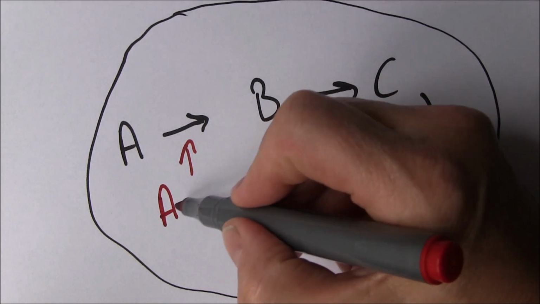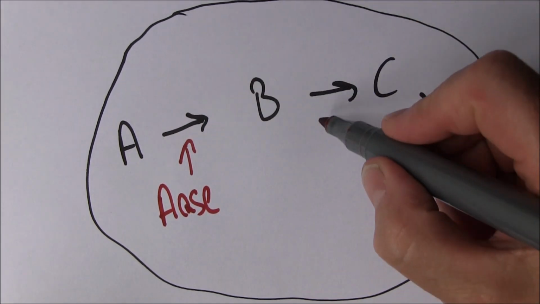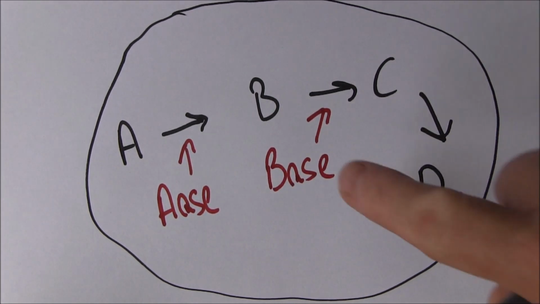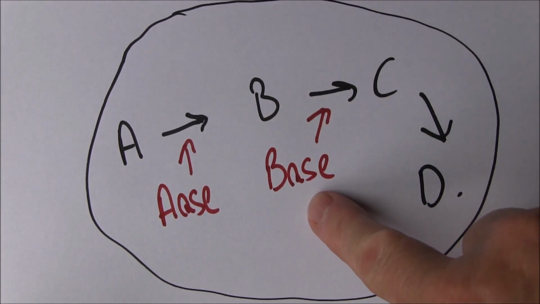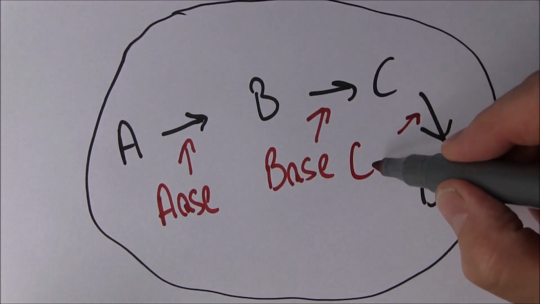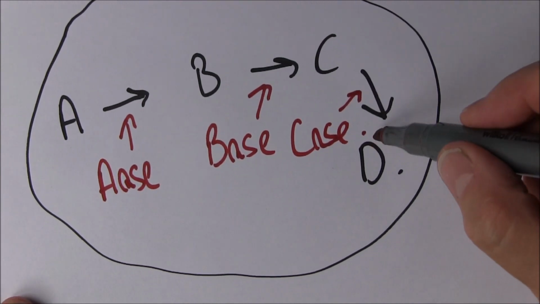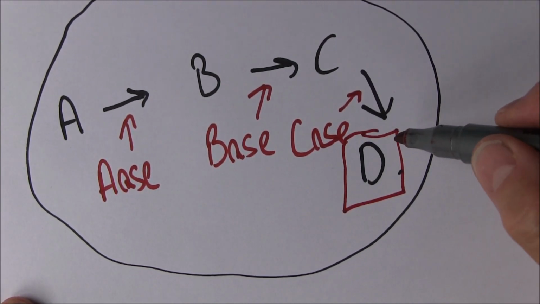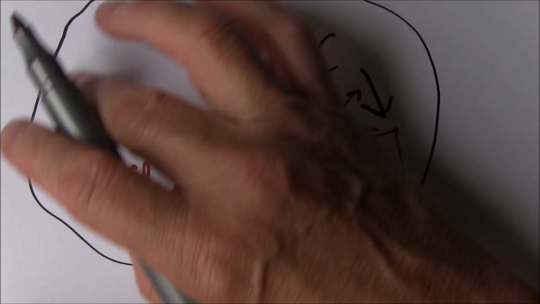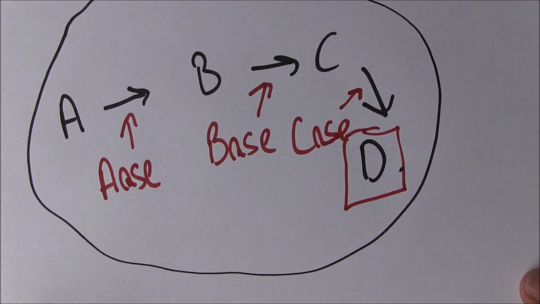So that would be A, broken down by Aase. This next step will be facilitated by Base, because B is now the substrate, and "ase" means enzyme. That step will be facilitated by Case to get the final product we want, which in this case is D. So these would be intracellular enzymes working within the cell.